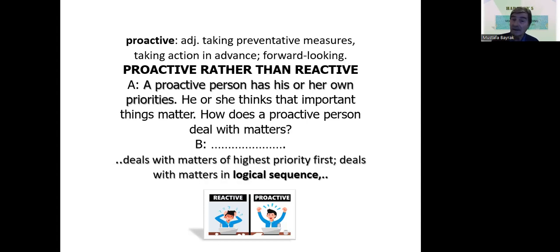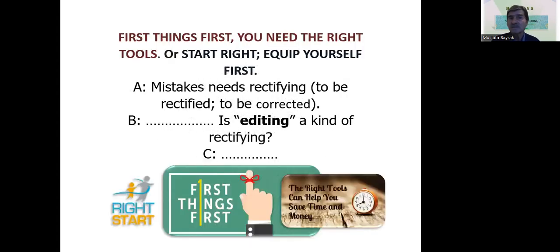So prioritizing comes first in their way of doing something. First things first, you need the right tools. Yes, first things first, you need the right tools, or start right, equip yourself first.